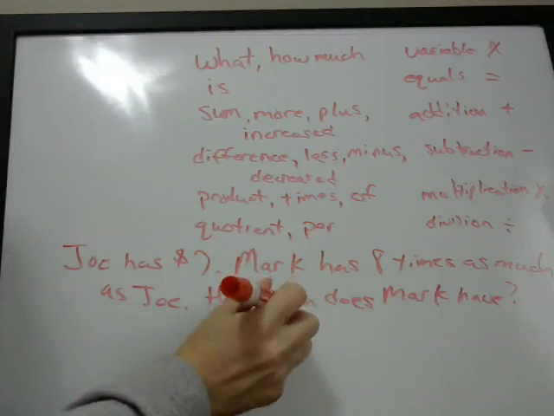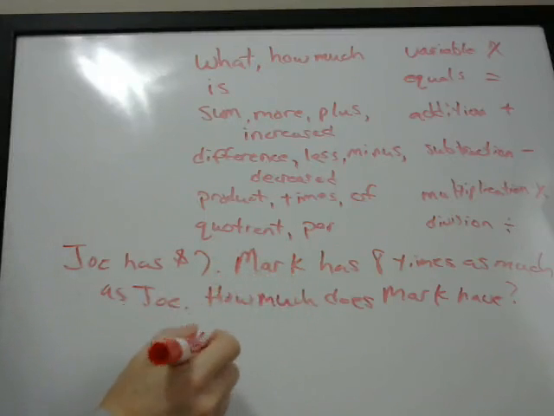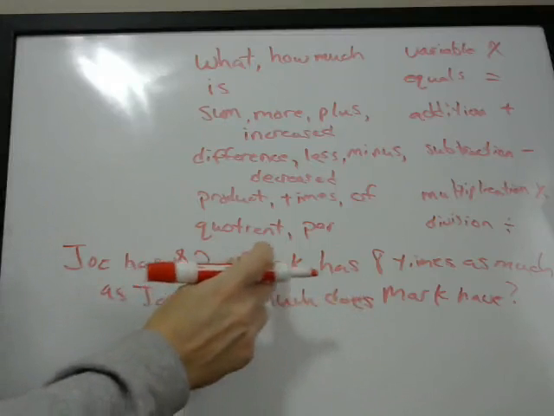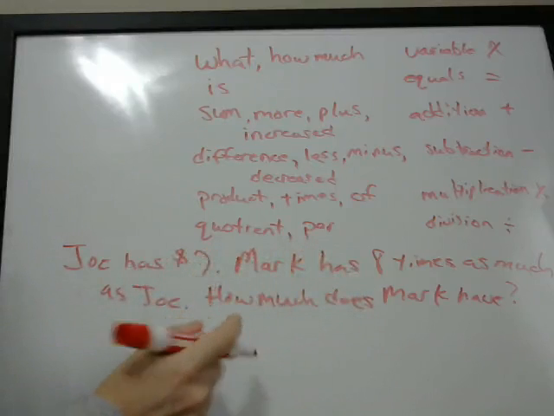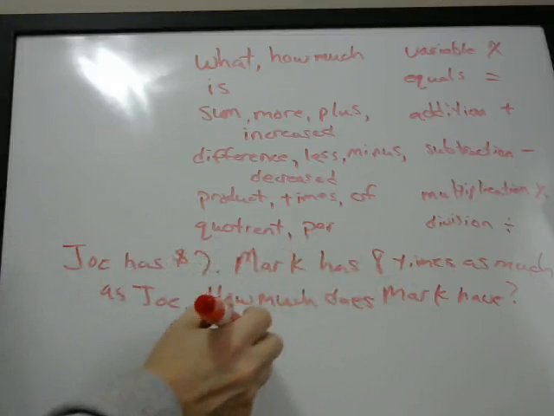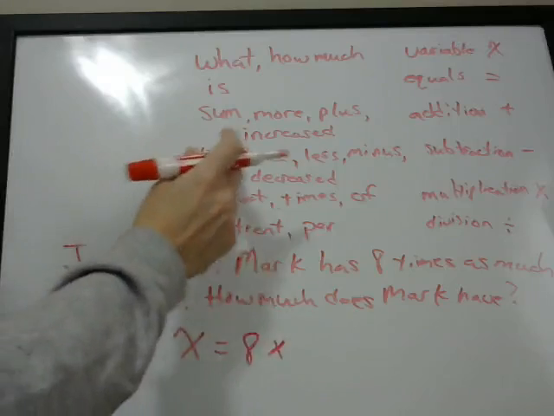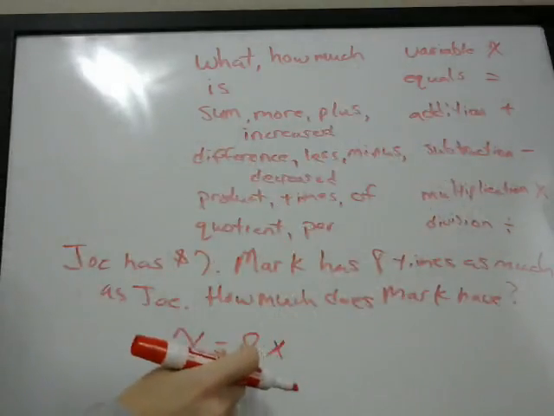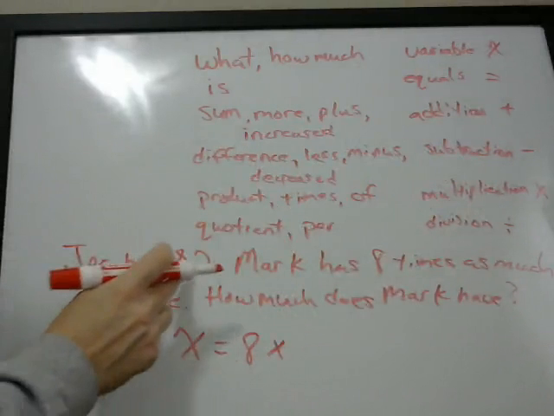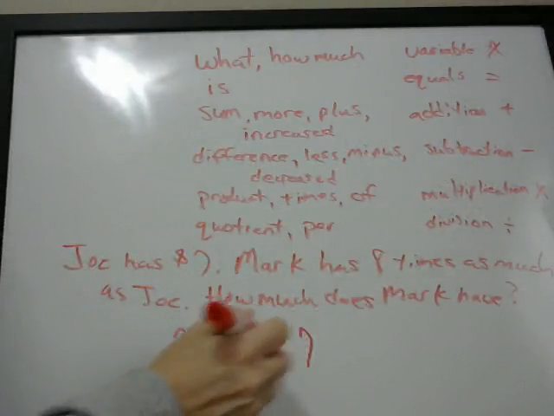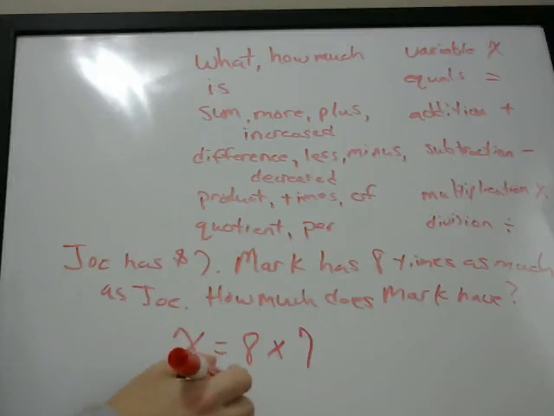How much? So that's what we're trying to figure out. Does Mark have? Well, Mark equals 8 times, is pretty easy, multiplication, 8 times as much as Joe. Joe has 7. So 8 times 7 is 56. Mark has 56. Word problems, the best way to do that is just to practice them.